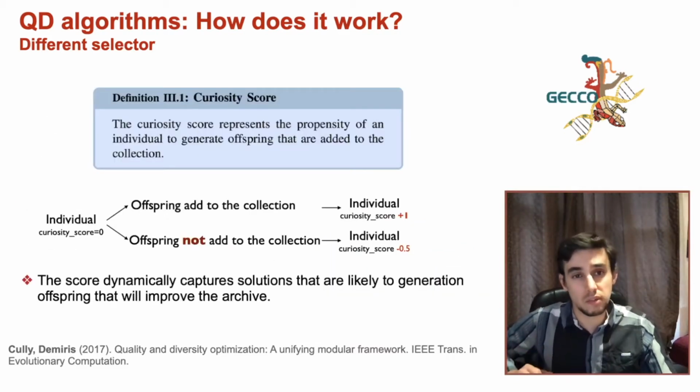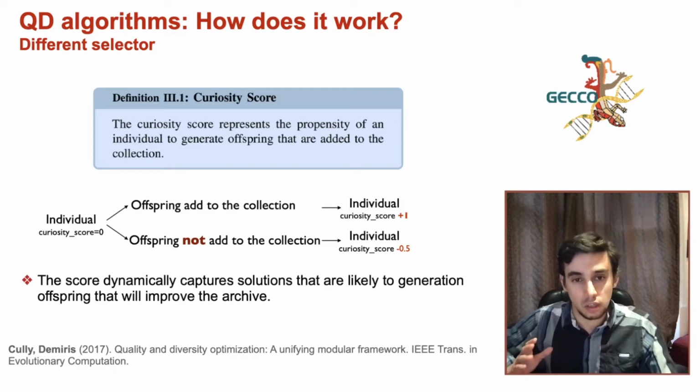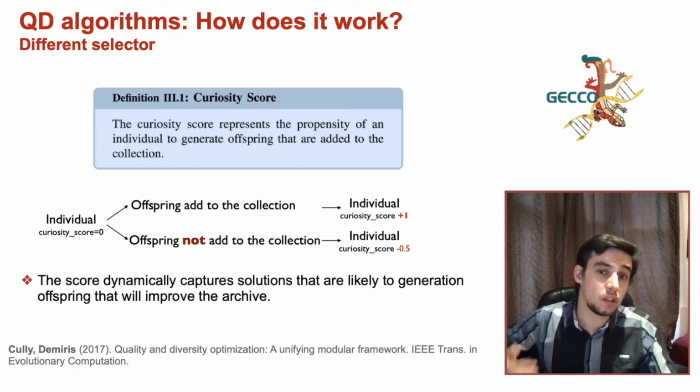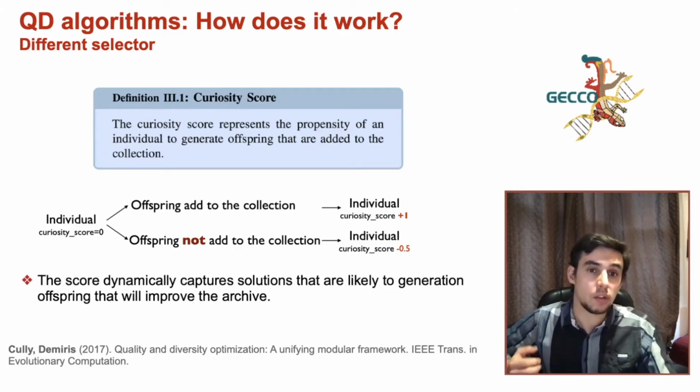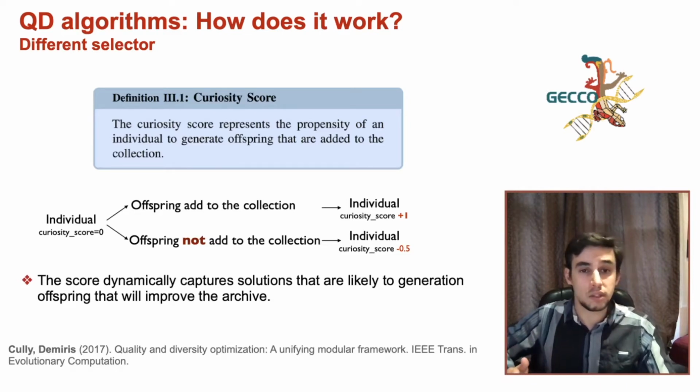So in the previous slide, I mentioned the curiosity score. The curiosity score aims at promoting individuals that are present in the archive that, when they are mutated and generate offspring, those offspring are quite likely to be added to the collection. To implement this system, it's relatively easy. Every solution is assigned a curiosity score.